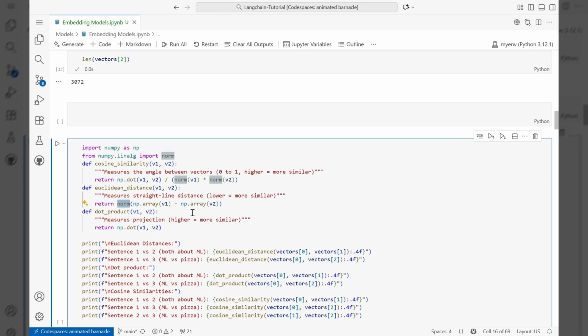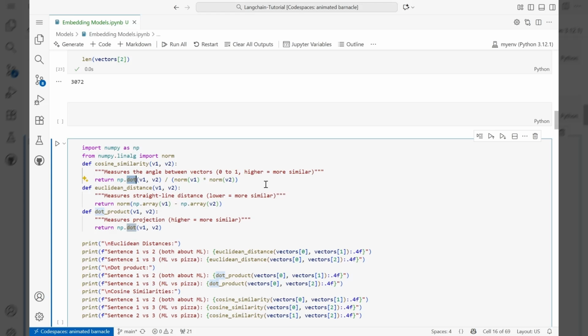But cosine similarity measures the angle between two vectors, so it contains both normalization as well as direction, that is the dot product. And here, the higher the value, the more similar, because it is measuring the cosine of the angle.